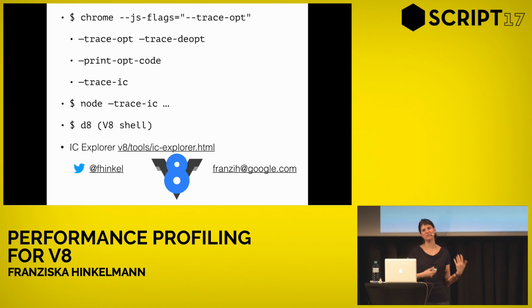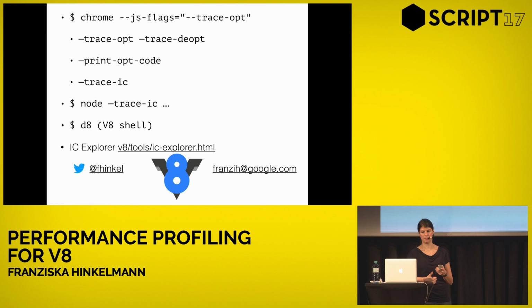But I hope I was able to give you some overview that's clearing up a little bit this magic black box of a JavaScript engine that is turning your source code from letters into something dynamic and great that's running. And if you want to dig deeper into this, if you want to play around with it, there are several flags that you can use.